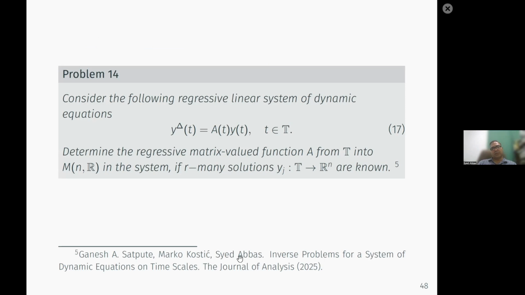This paper is published in the Journal of Analysis. If we consider this problem, y del t is A(t) y(t), we want to determine the regressive matrix valued function A from T into M_n(R), the set of matrices, in the system if r many solutions are known.